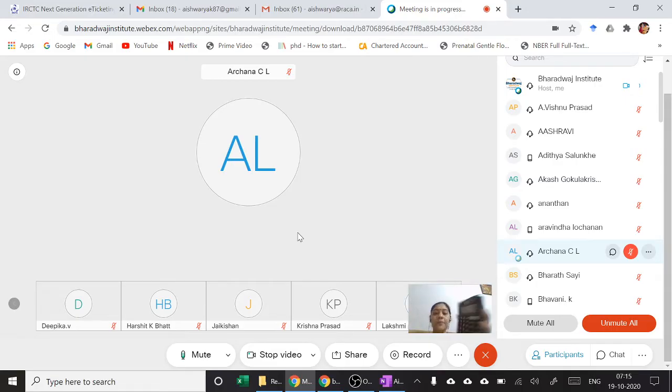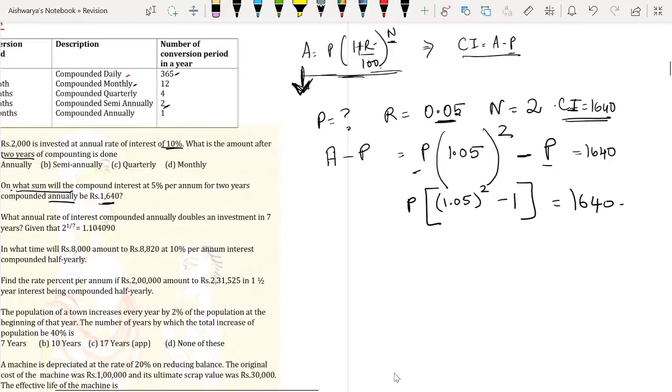Now divided by MRC, memory recall. Where is memory recall? Here. You've already stored this value in memory, and I am just recalling it. Then I am going to press equal to. What I get is 16,000 as my principal.